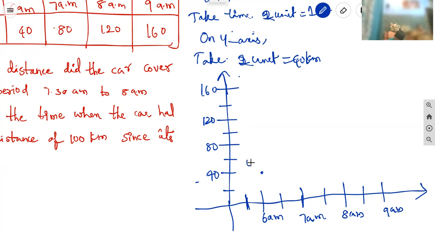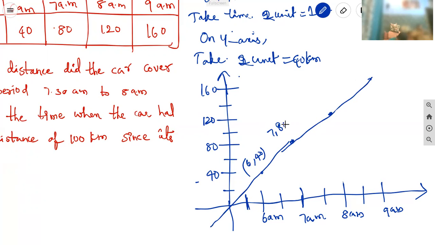Now we can take 6 a.m. 40 kilometers, 7 a.m. 80 kilometers, 8 a.m. 120 kilometers, 9 a.m. 160 kilometers, joining the line.